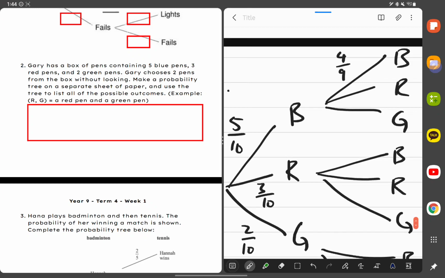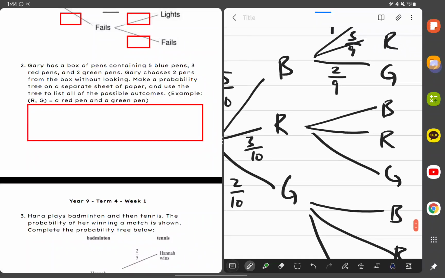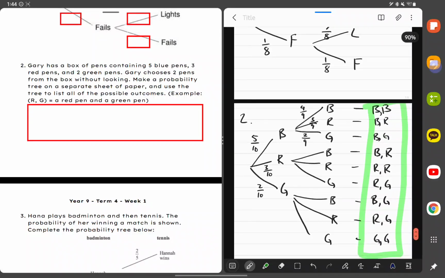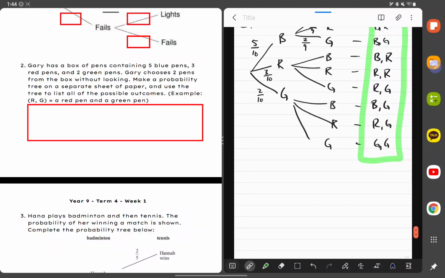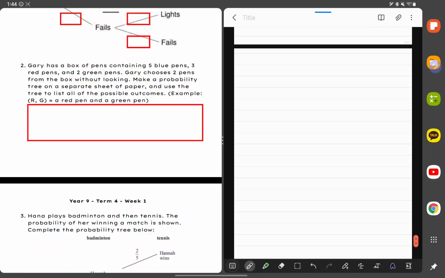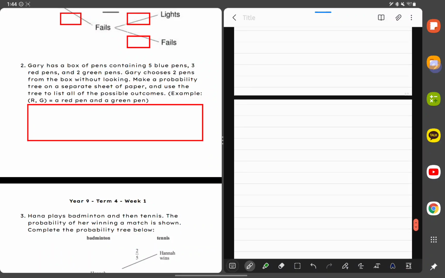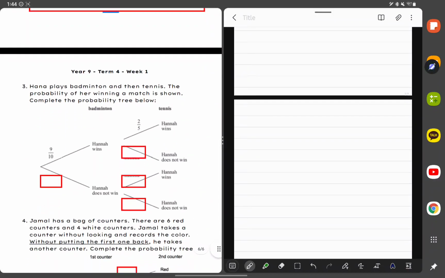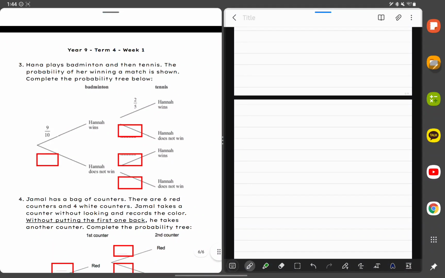To get a red, it would be 3 red pens out of 9. For green, it would be 2 green pens out of 9 pens, and so on. So it changes a little bit every time, and it's unnecessary for this question. But just for those who are curious, that is how you would do it, and you can work out the rest. The question doesn't ask for it.